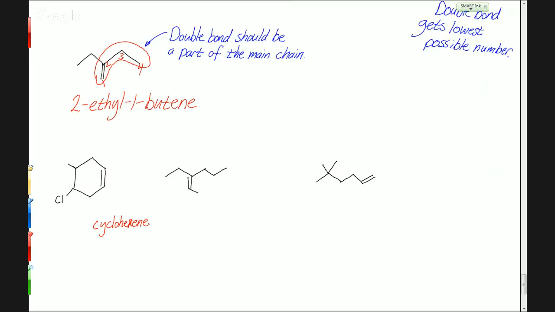And we want to start at the double bond, at either carbon. In this case, maybe we start here so that the chlorine gets the lower number. 1, 2, 3, 4, 5, 6. Both sides of the double bond, if we're going to start at 1, the other side of the double bond has to be 2. So we can't go back the other way. We have to go along the double bond from 1 to 2.